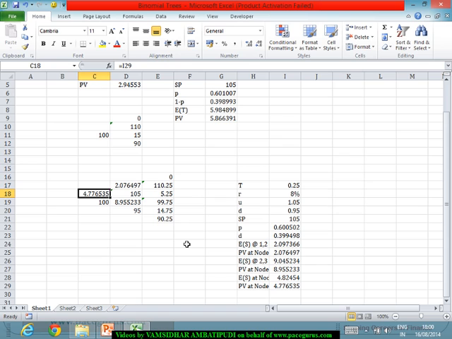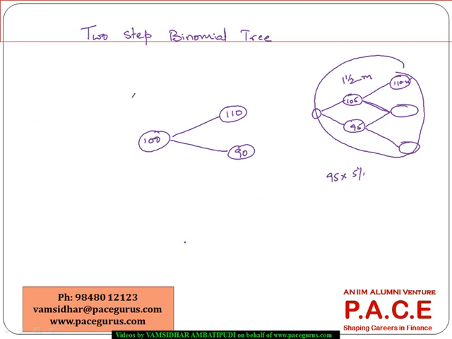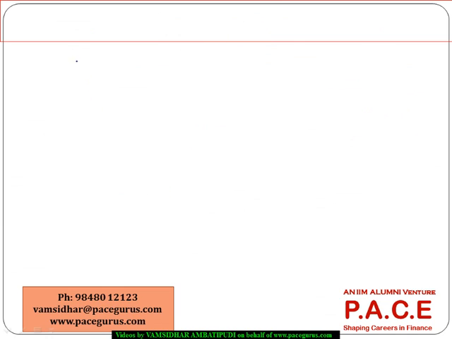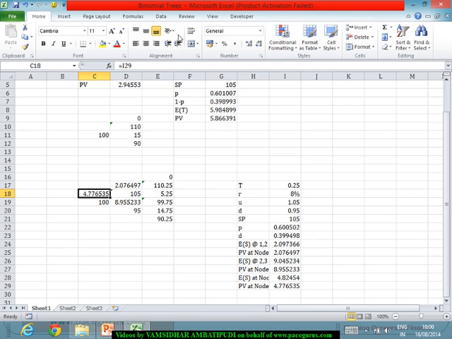So this is the way we can generally calculate the price of a European call option or a European put option. But in case I have to do the same thing for an American put option or American call, the last part is more or less the same when I'm going with American put. In American, even an early exercise is possible.